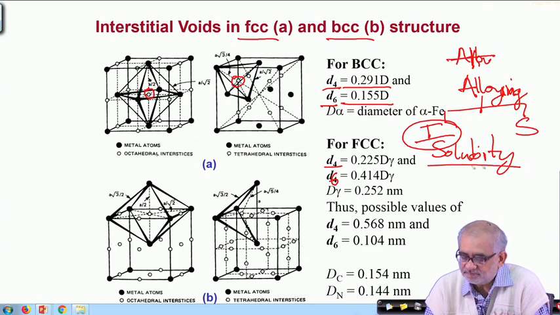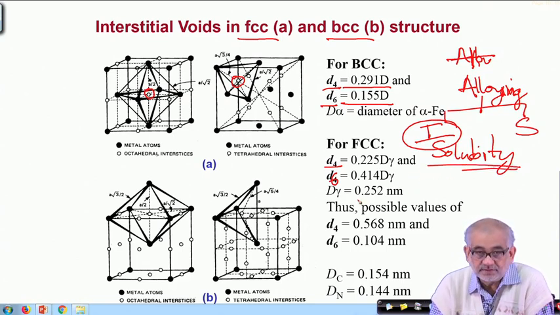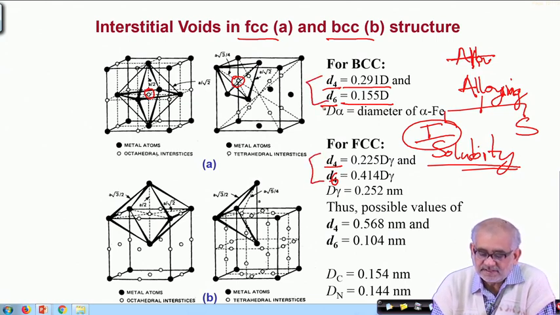So the solubility part, particularly in the case of steel, is determined by the so-called interstitial void sizes, and it is because of this reason that you can always pack in a greater amount of carbon in the FCC variety than in BCC.